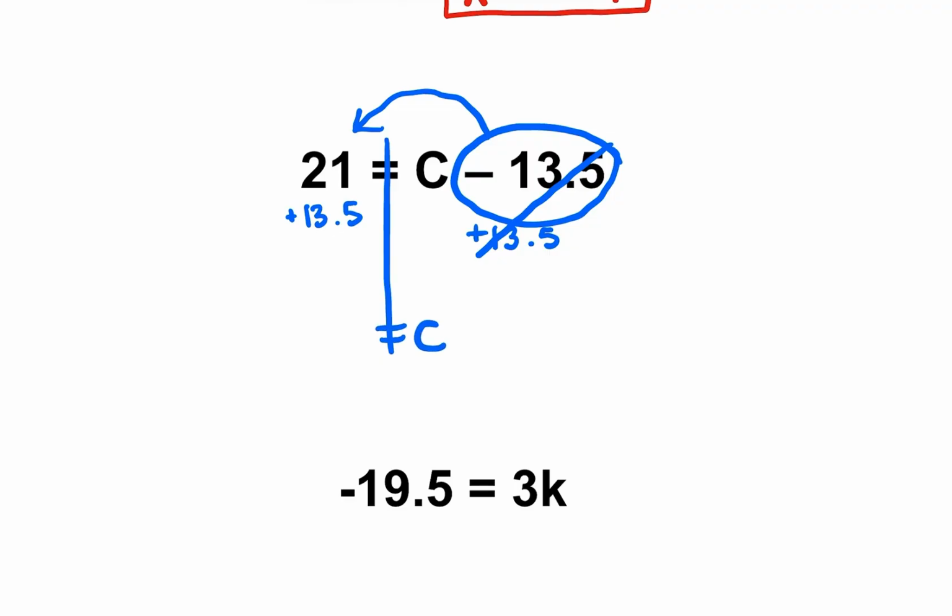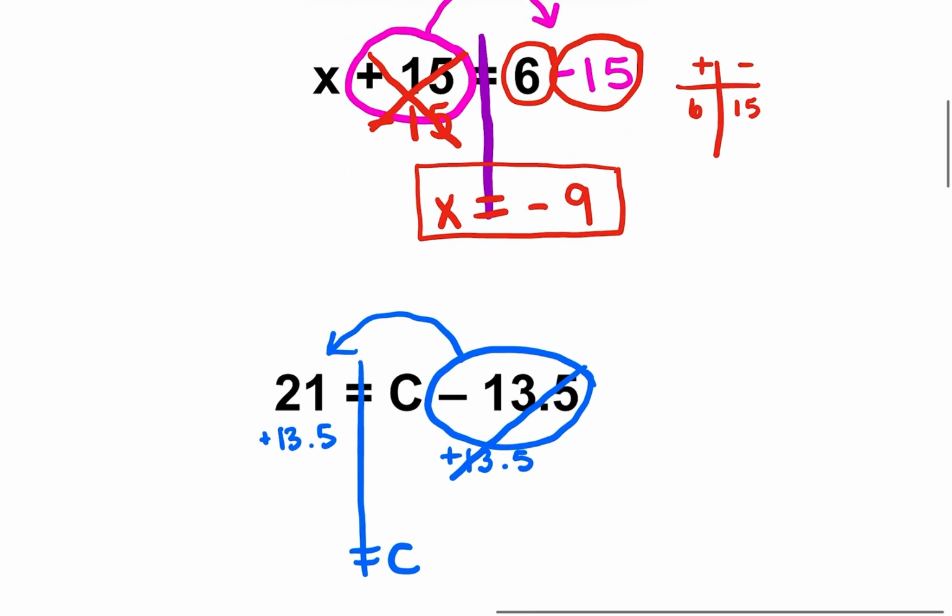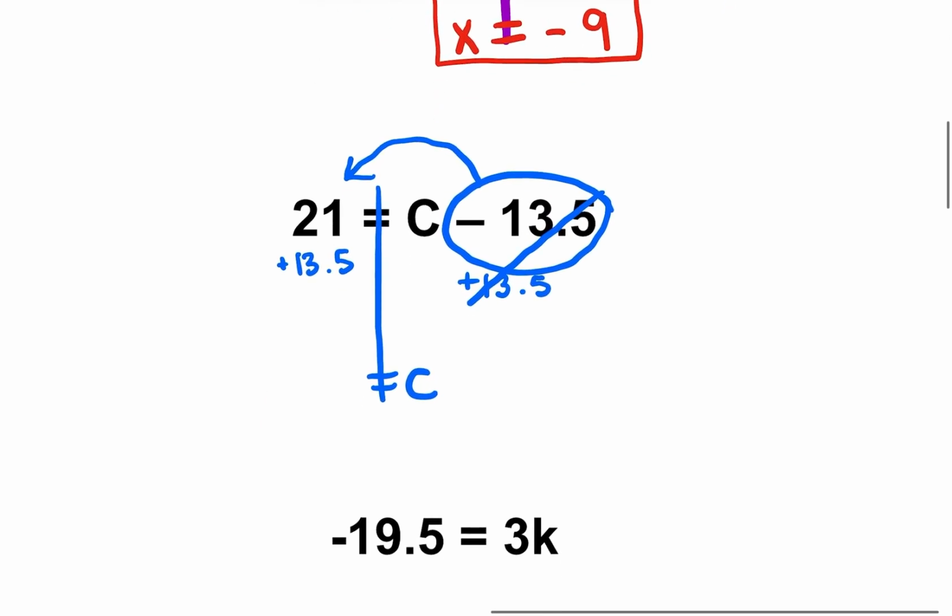So C is left. Now, this is super important. On this one up here, I kept the 6 first. So on this one, I still need to keep the 21 first, so I need to give myself room to rewrite the whole thing. And then I just solve. When we add decimals, we are going to have to line them up.